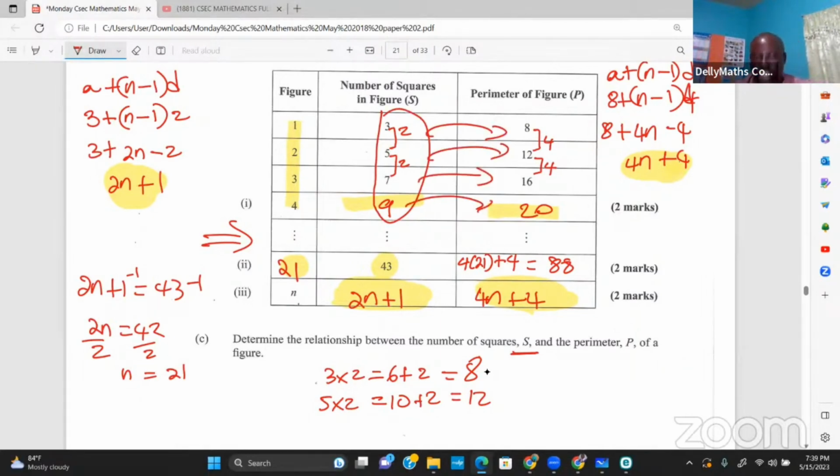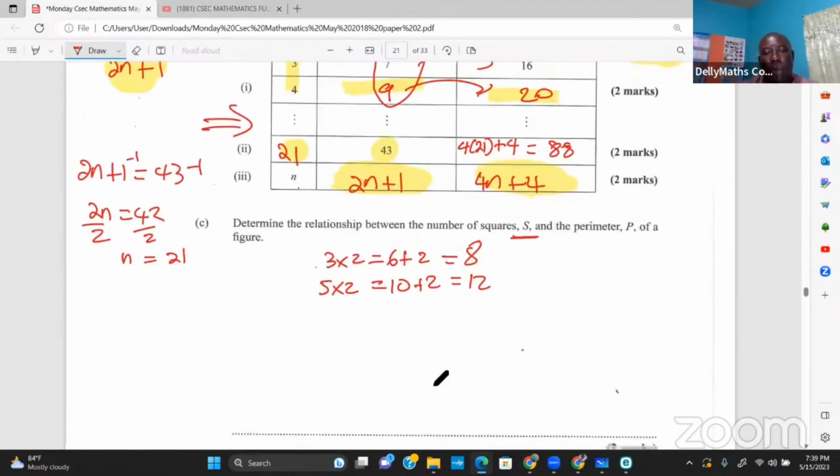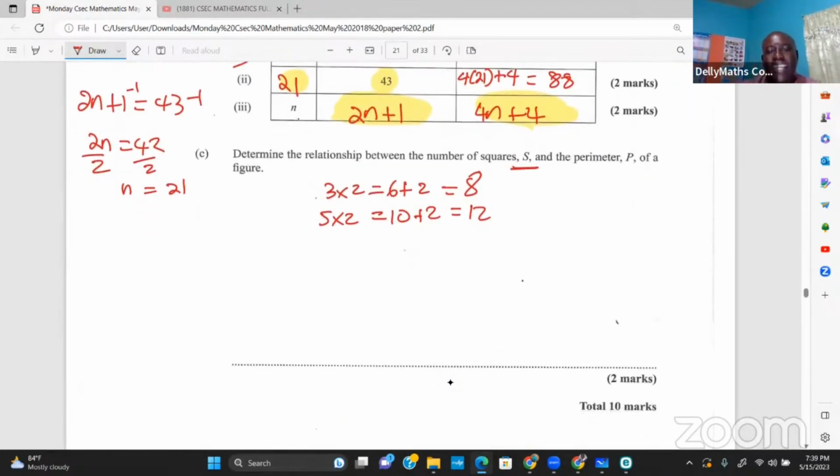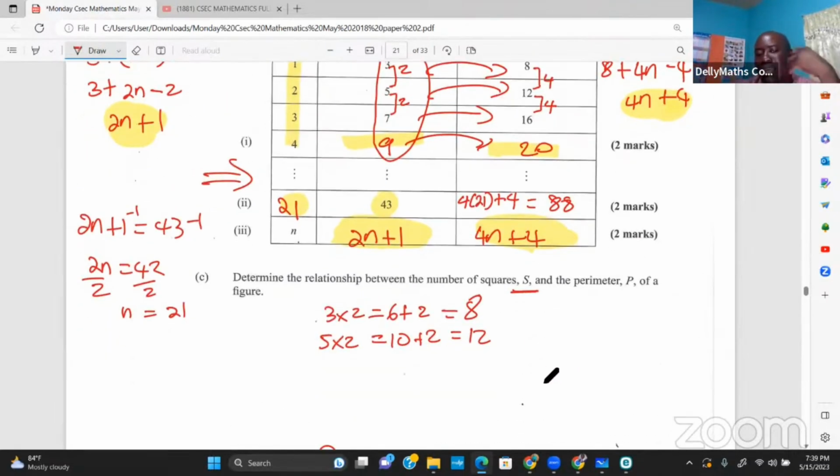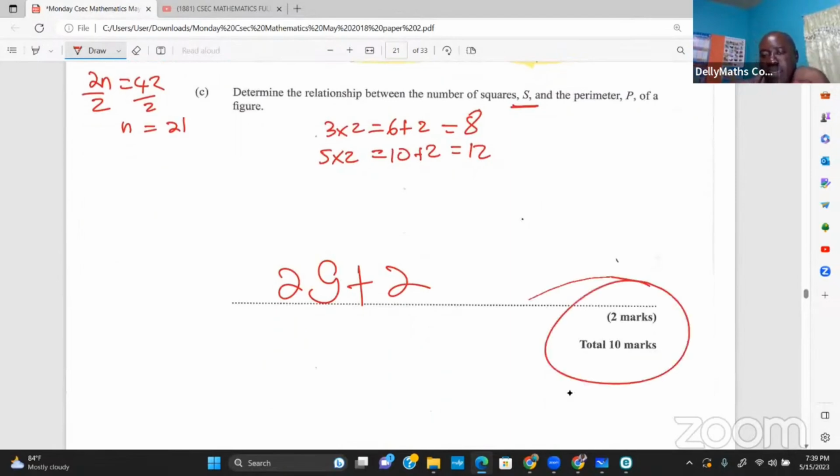And that is the relationship between S and P. So the relationship is 2 times S plus 2, and we're done. You see it coming out quickly. You collect your marks, you get 10 easy marks.